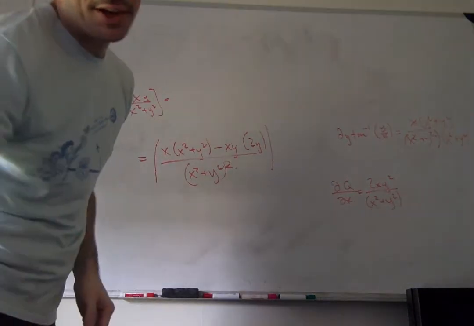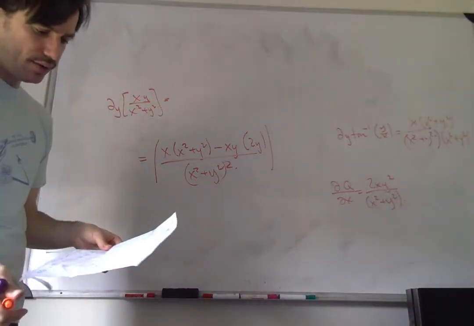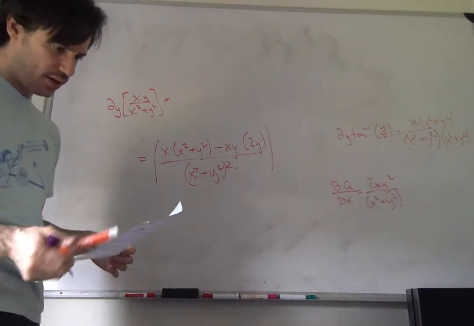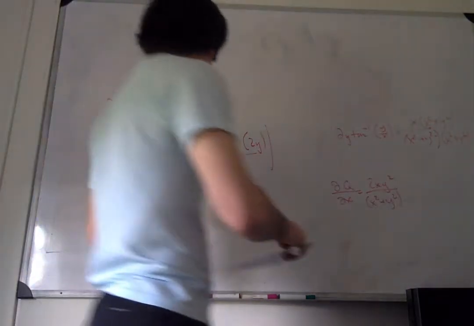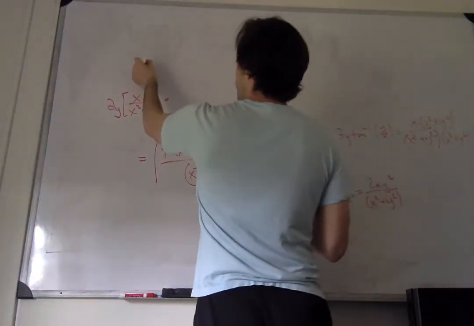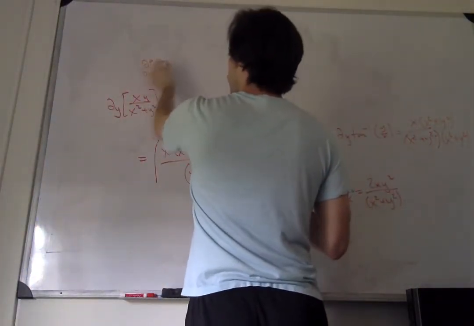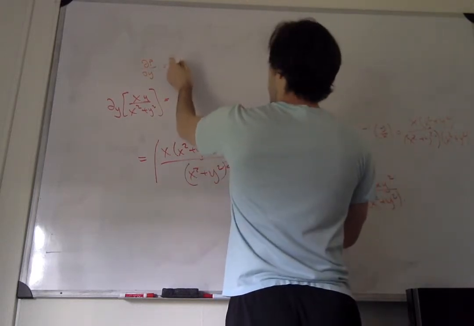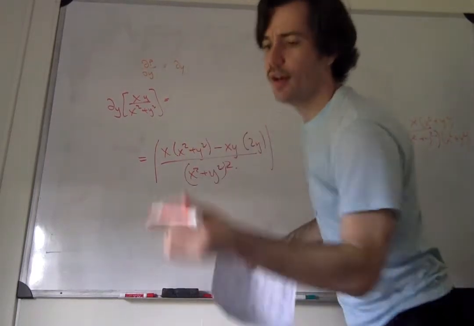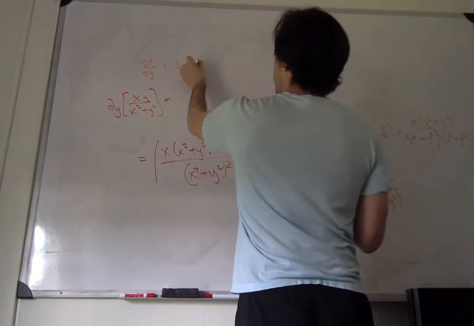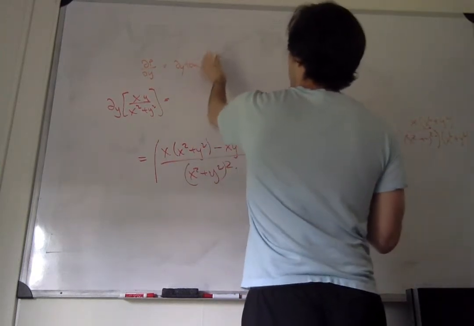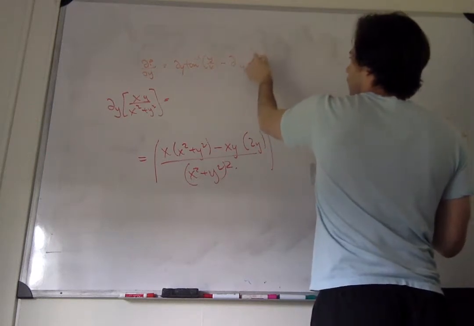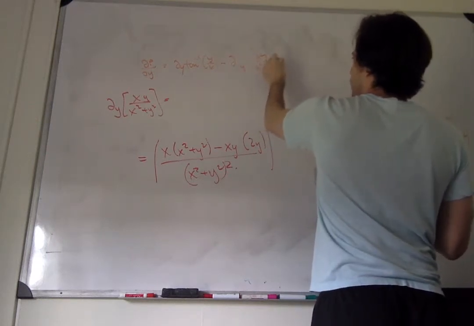Now remember, I'm actually subtracting those, because p has the minus sign. So del p by del y is equal to del y of arctan y by x minus del y of xy over x squared plus y squared.